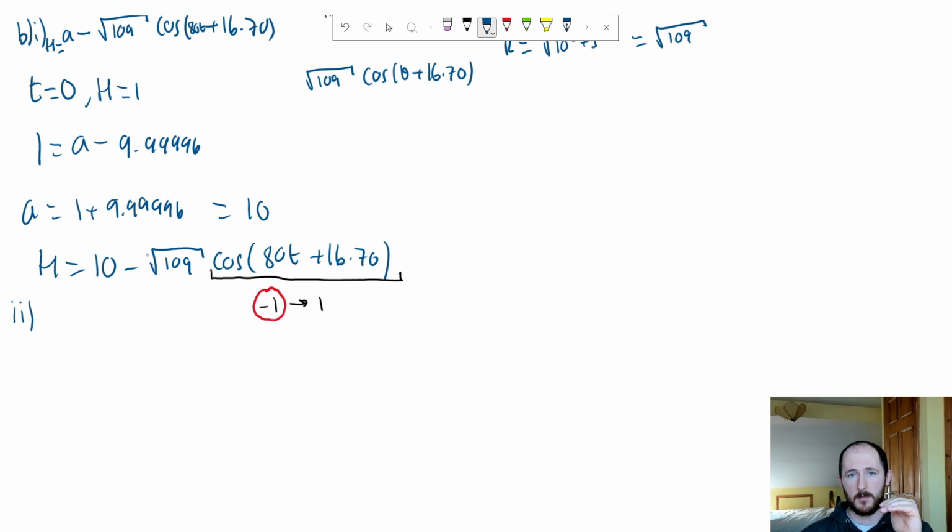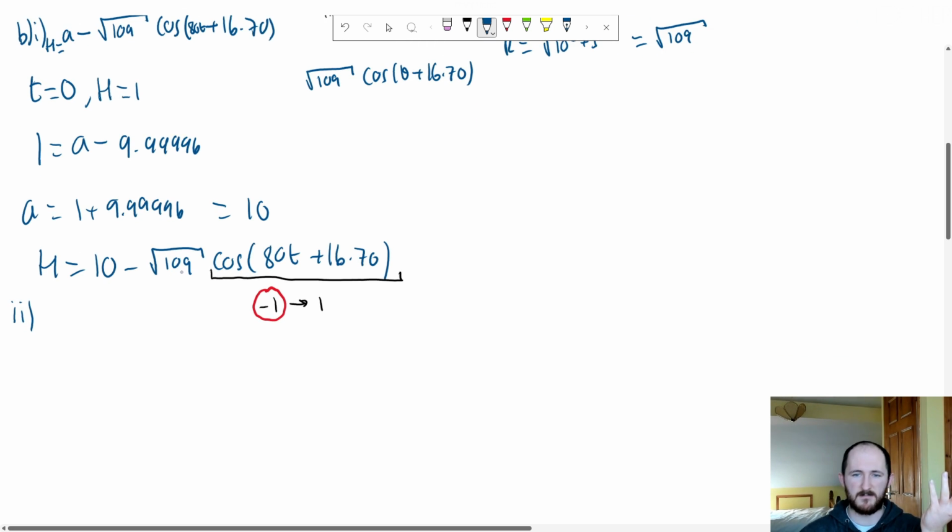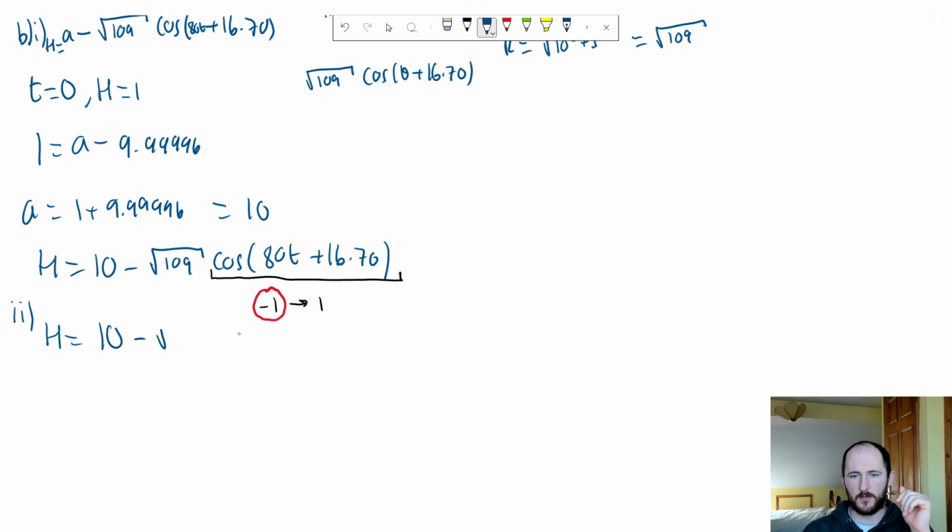So if they ask for the minimum height, I would say cos is equal to 1, because then 10 minus root 109, well, root 109 is probably going to be 10 point something? So that'd be negative, which obviously is not allowed. But in this case, we want the highest possible value, so we're going to make that -1, which means h will equal 10 minus root 109 times -1. So it's going to be 10 plus root 109, which of course is extremely useful.